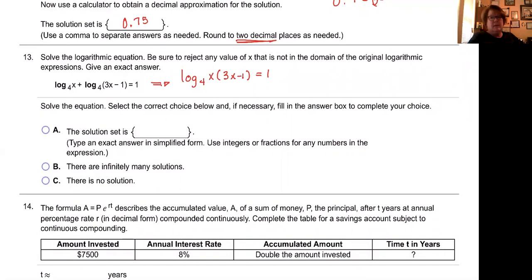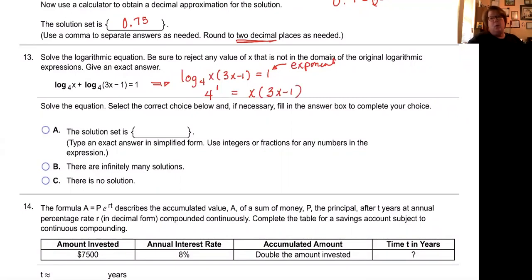The base in this logarithm is the number 4. And I'm raising it to the first power. Remember, what your logarithm is equal to is the exponent that you're raising that base to. So I'm raising 4 to the first power, and that's going to be equal to x times 3x minus 1.